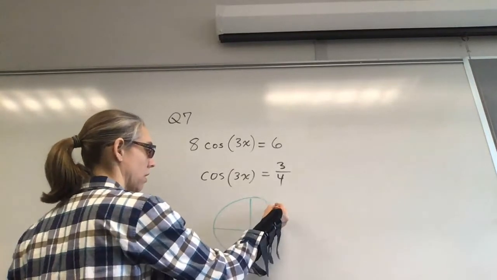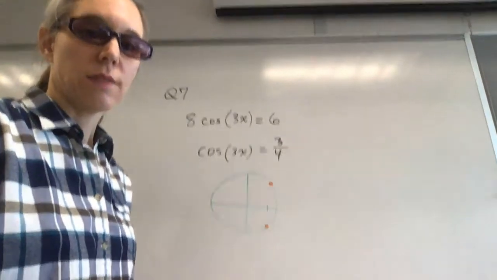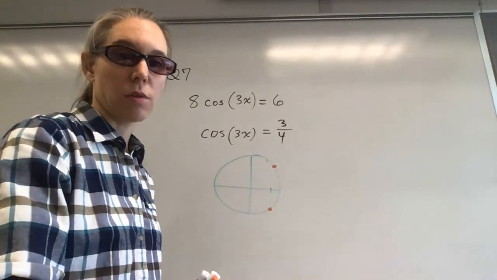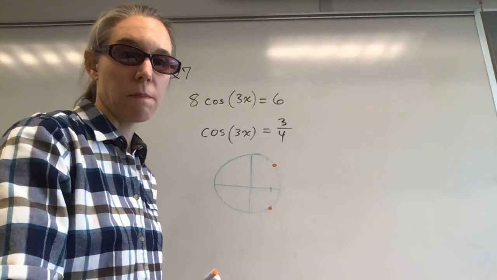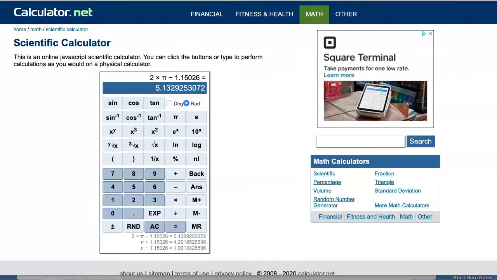Now 3/4 is not a value on the unit circle, so we're going to need to use the scientific calculator to get ourselves an approximation for the first dot. So let's go back to arc cosine, all clear. Arc cosine of 3/4, or I'll just type in 0.75.